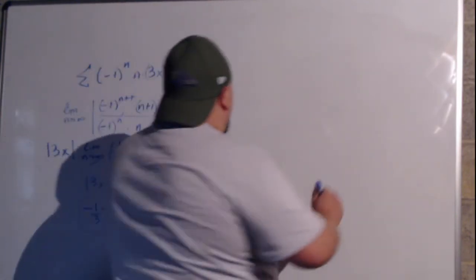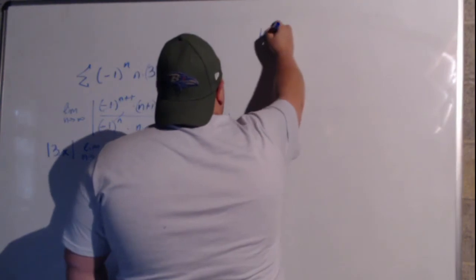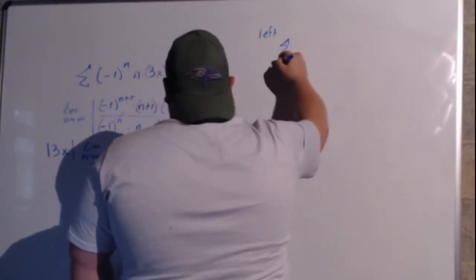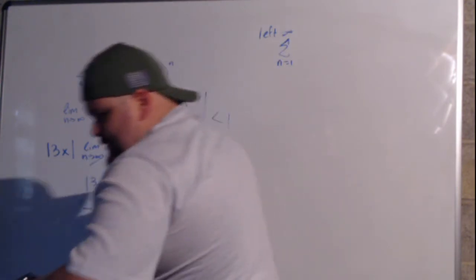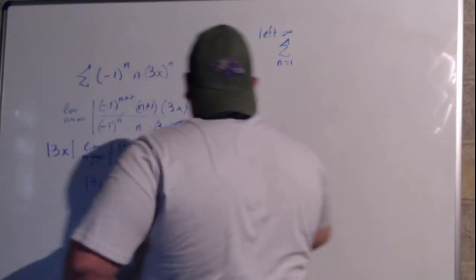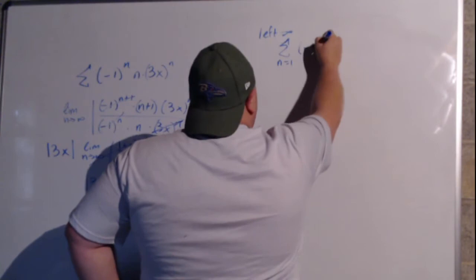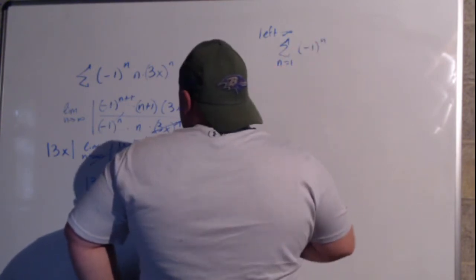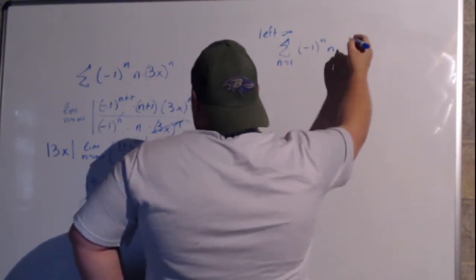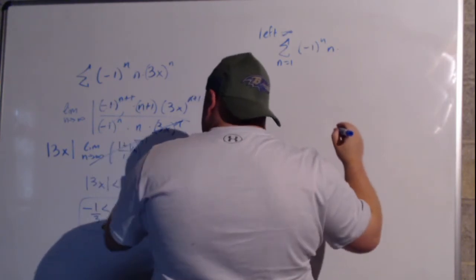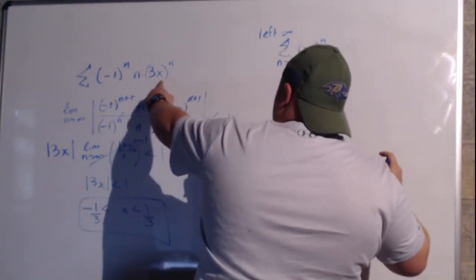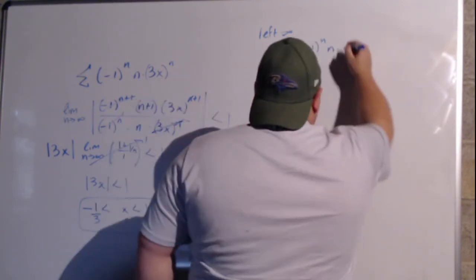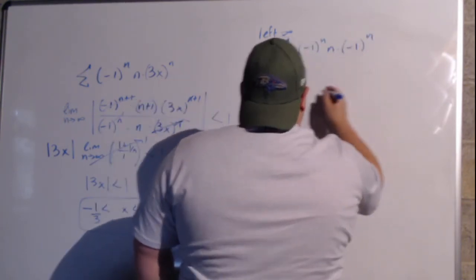So left endpoint, let's see, I think it was 1 to infinity. Yeah. So negative 1 to the n, n times, and we're plugging in negative 1/3 for x. So 3 times negative 1/3 becomes negative 1 to the n.